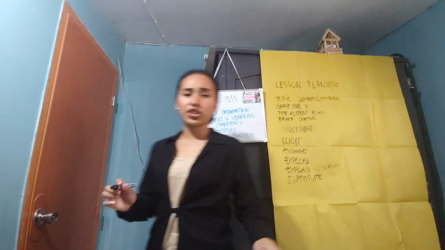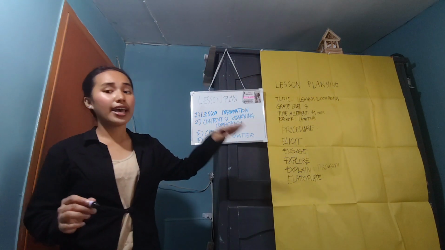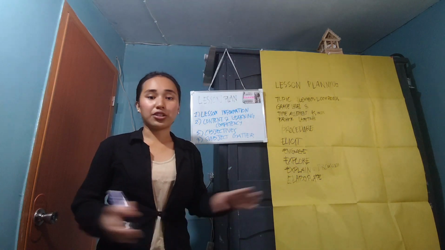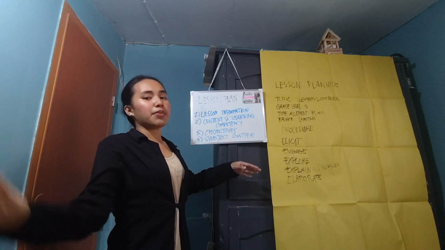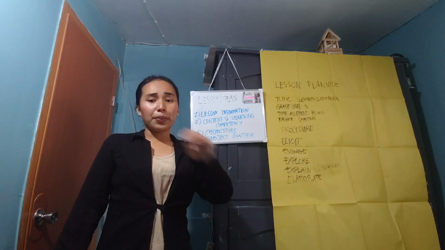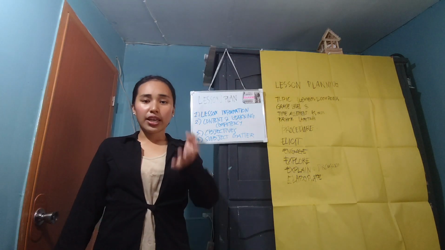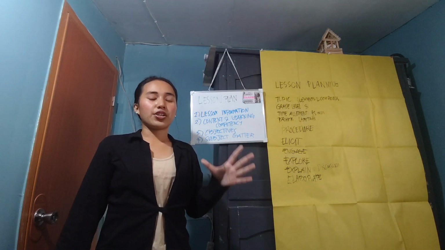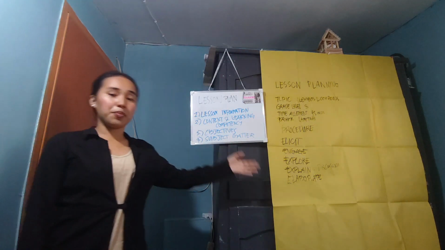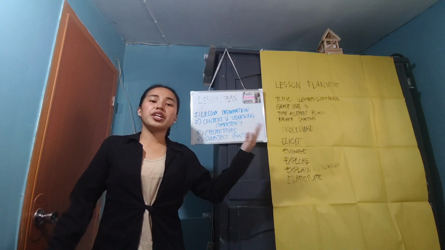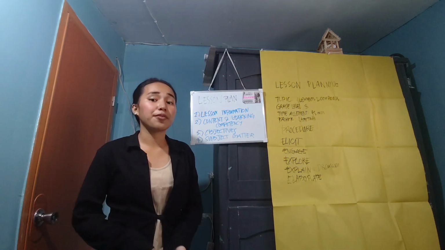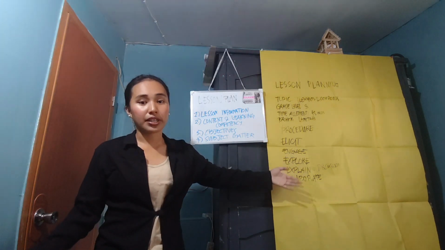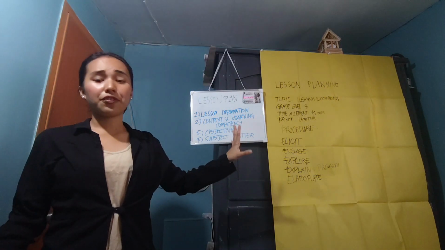Elaborate. So in this stage, the teacher adds more explanation and examples to deepen the students' understanding. Students may also ask questions to clarify ideas that they find confusing. So this elaborate part helps to reinforce the concept that was discussed earlier in the explain part of the lesson plan.